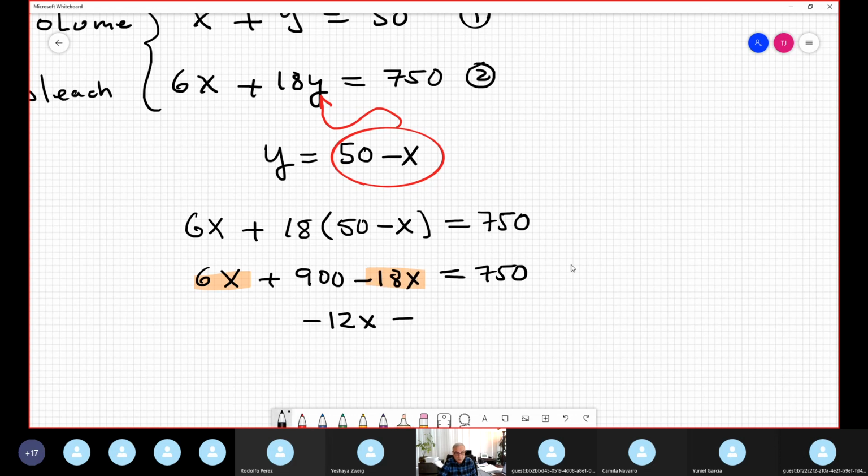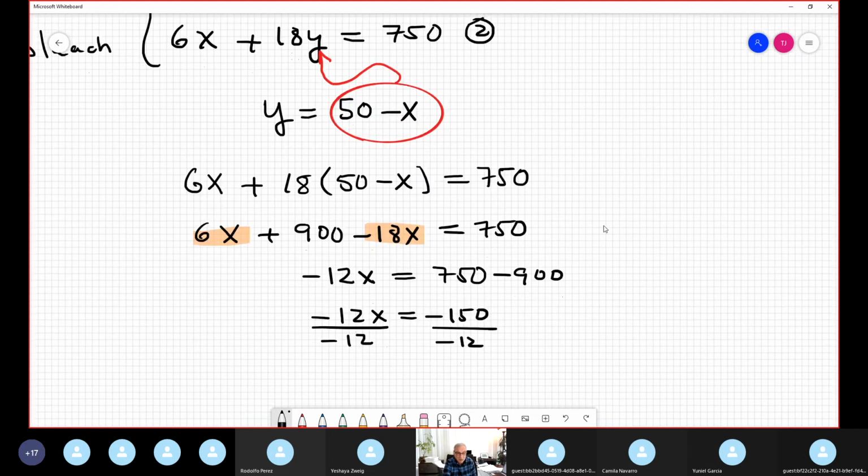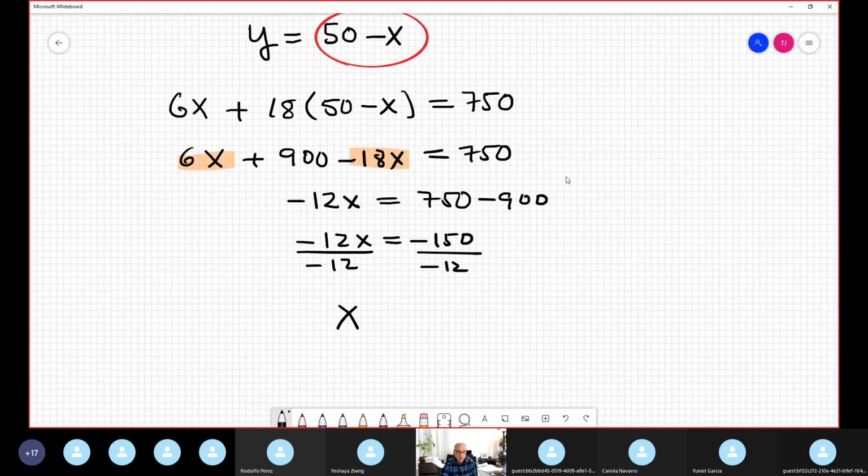I move it to the other side, 750 minus 900, negative 150, divided by negative 12 on both sides, because I need x alone, isolated totally. Okay, so 150 divided by 12 is in decimal 12.5.